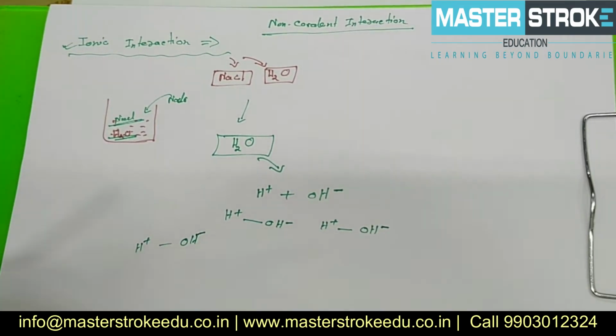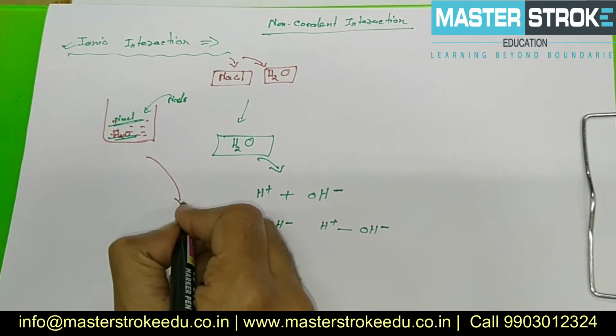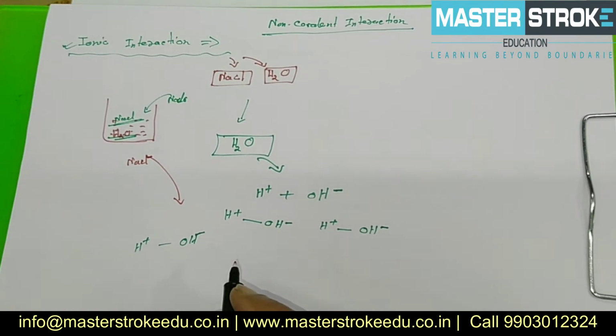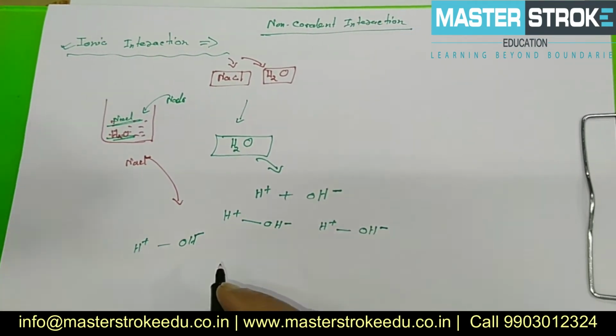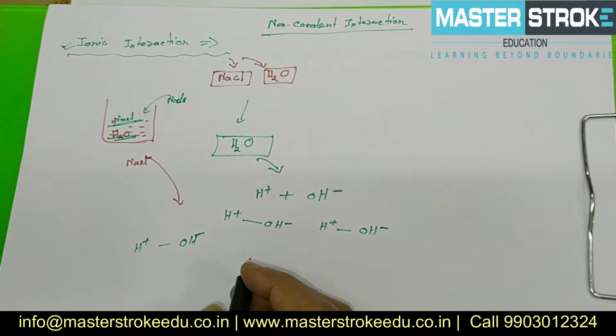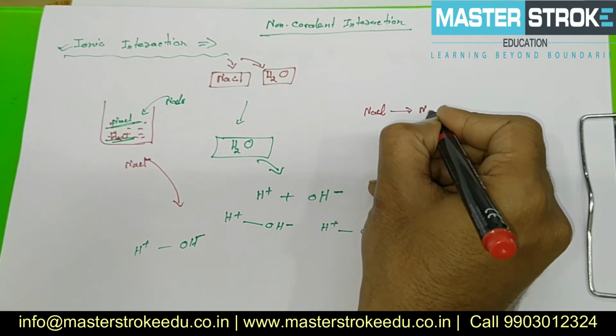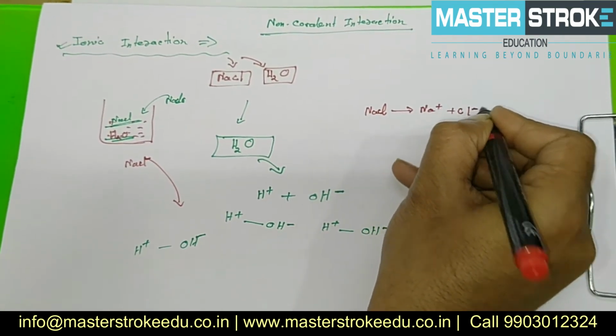When we drop some amount of sodium chloride into it, the sodium chloride will immediately break into its ionized form, Na plus and Cl minus.